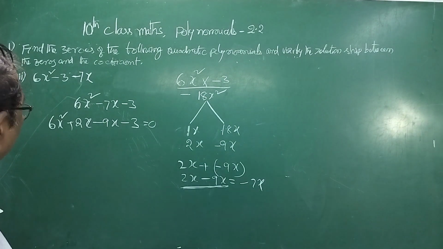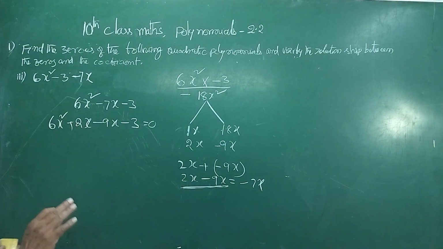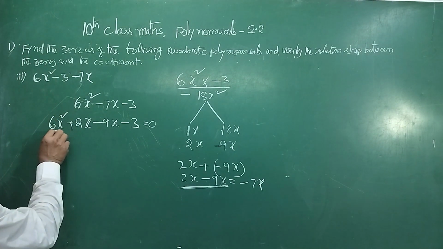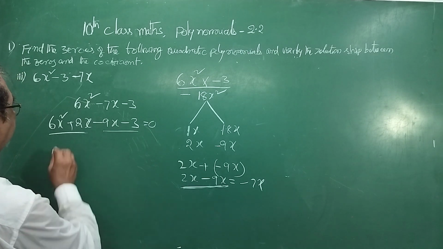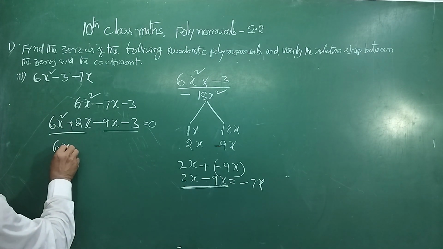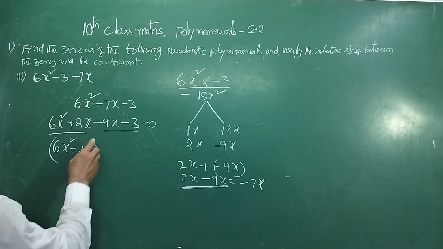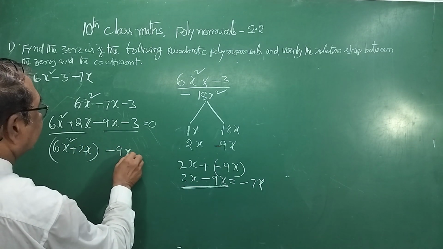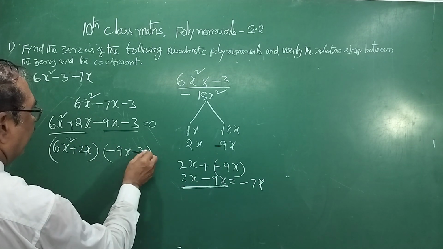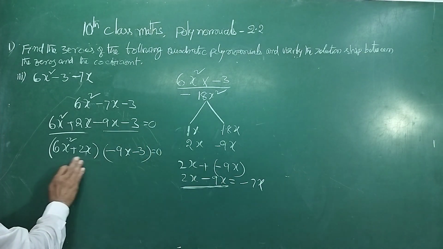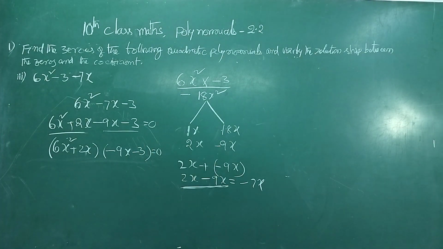All right. Now let us group it into two groups. Let us group 6x square plus 2x as one group, and minus 9x minus 3 as another group, is equal to 0.